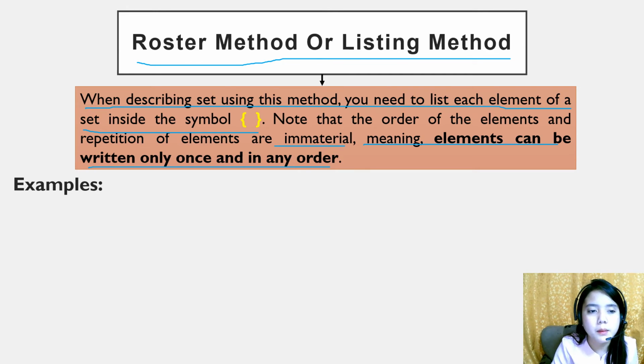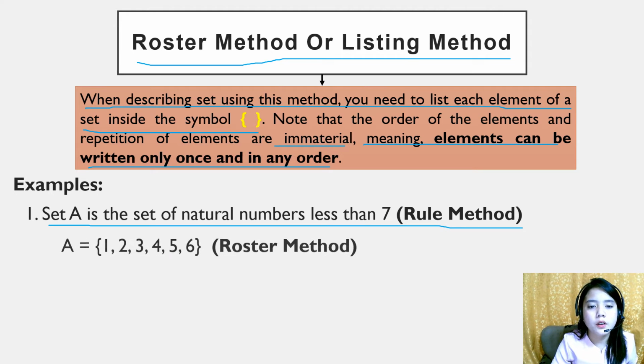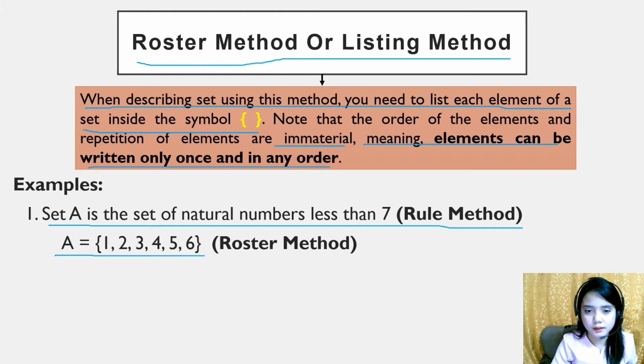Let's have the examples. Okay, so kung sa rule method we have set A is the set of natural numbers less than 7. For the roster method, ingon anaon siya pagsulat. Okay? So, take note, unsa may giingon? Set A, diba?